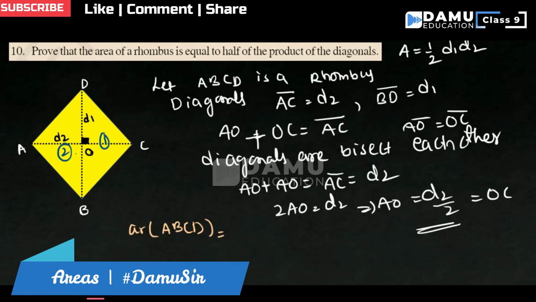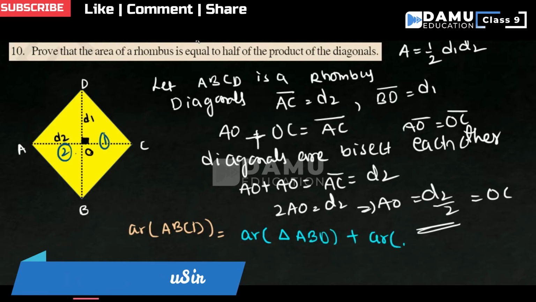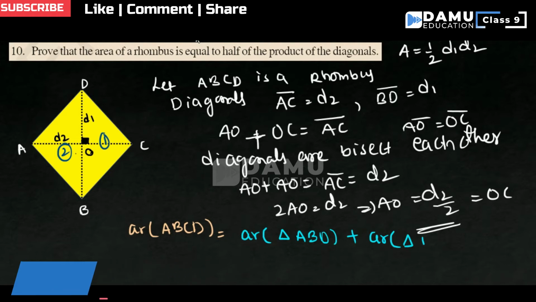So area of rhombus ABCD will be equal to area of triangle ABD plus area of triangle BCD. If we calculate these, we will get the area.